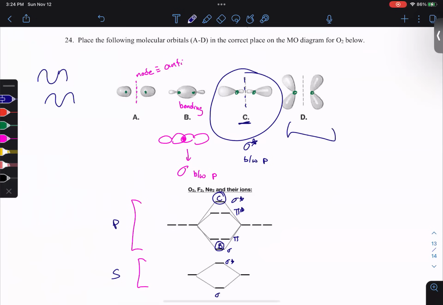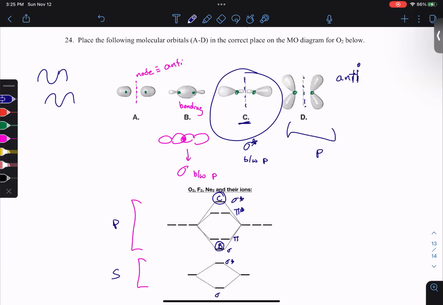Okay, let's look at D. Who are its parents? S orbitals or p orbitals? P. So that means, are we going to look at the top ones or the bottom interactions? The top interactions. So this is between p orbitals. Is it bonding or anti-bonding? Anti-bonding, because the giveaway is the dotted line, and it's putting electron density away from the atoms themselves.